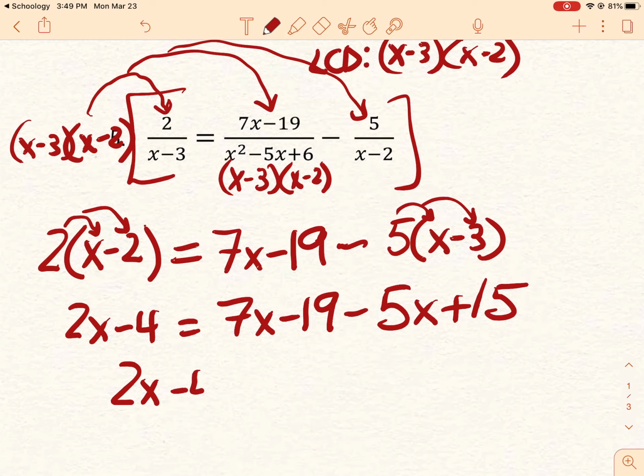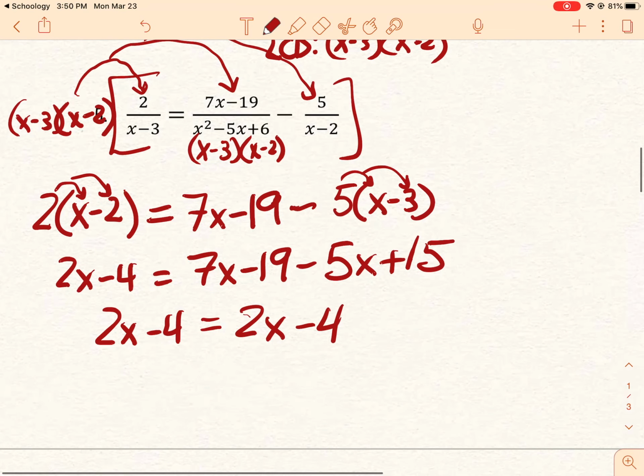When you go to combine like terms, 2x minus 4, we have a 7x minus 5x, and then a negative 19 plus 15. We're getting 2x minus 4 equals 2x minus 4.